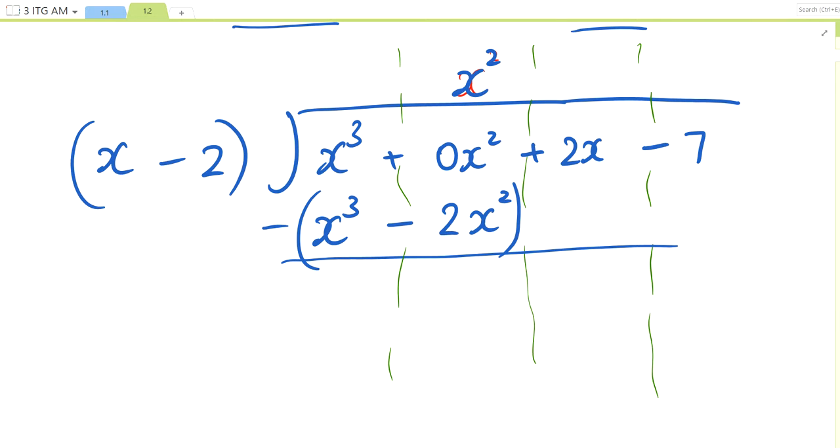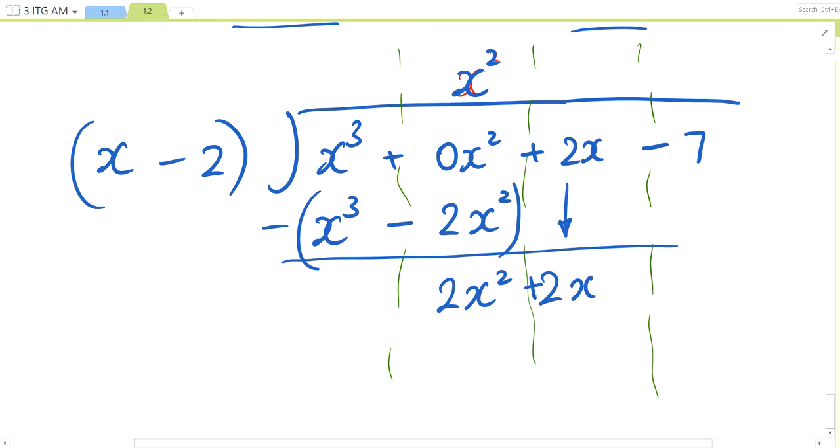So when I subtract it off, do I have x cubed already? What about the x squared term? What is left? We have 0x squared minus 2x squared. What do I have left? 2x squared, positive first. What should I do next? Bring down the 2x. Is it a plus or minus? Plus. Okay so far?